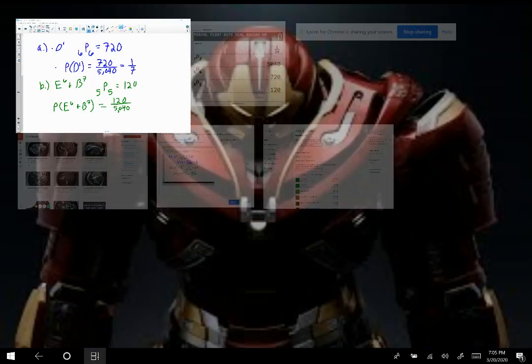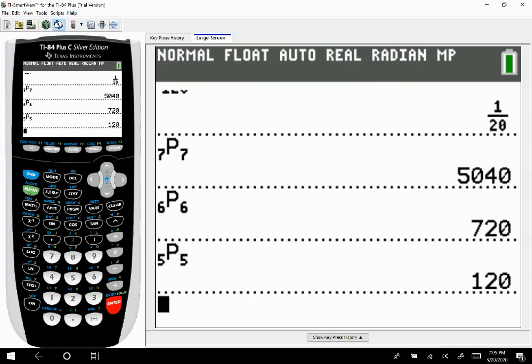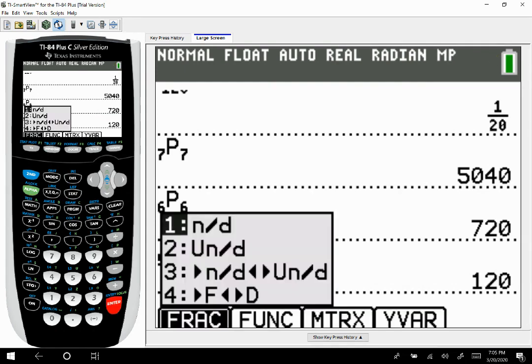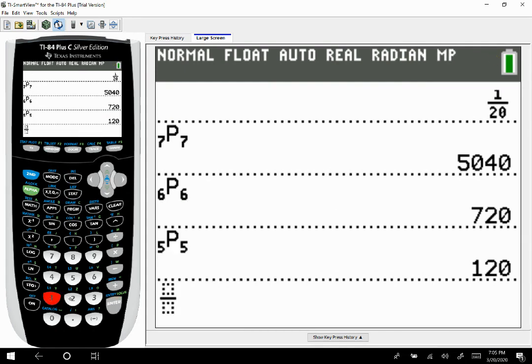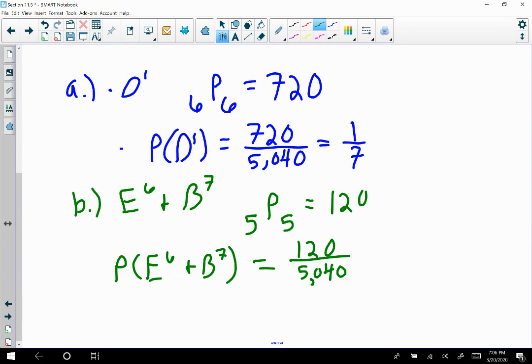So let's go back to our calculator and let the calculator do some reducing for us. Alpha y equals, bring up our fraction, 120 over 5,040 equals 1 out of 42. So there's a probability. 1 out of 42.